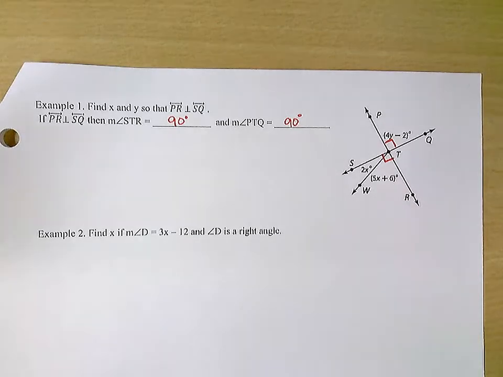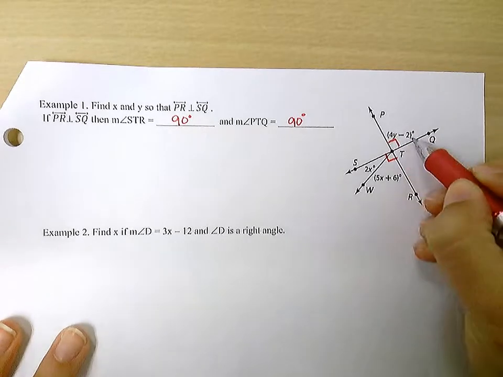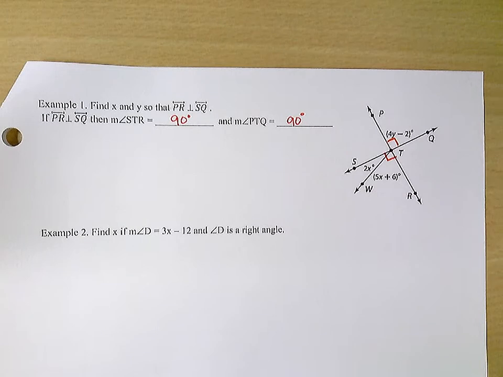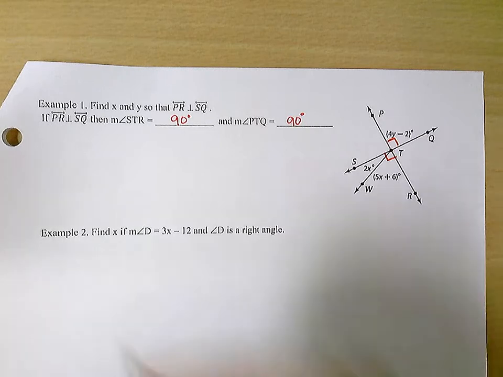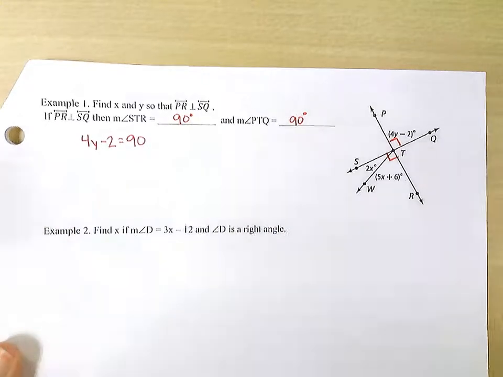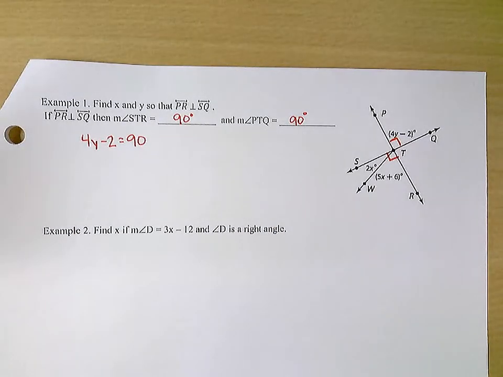I'm going to do y first. I'm given this angle is 4y minus 2. I know I have to do something to make it equal to 90. So how could I set up an equation for that? Yes. 4y minus 2 has to equal 90 if I want those lines to be perpendicular.